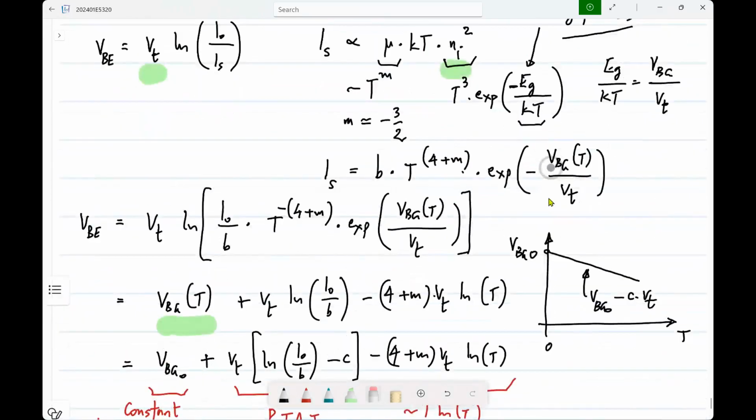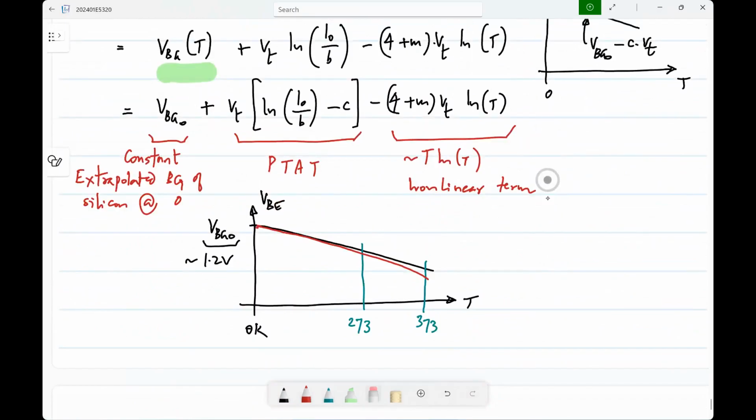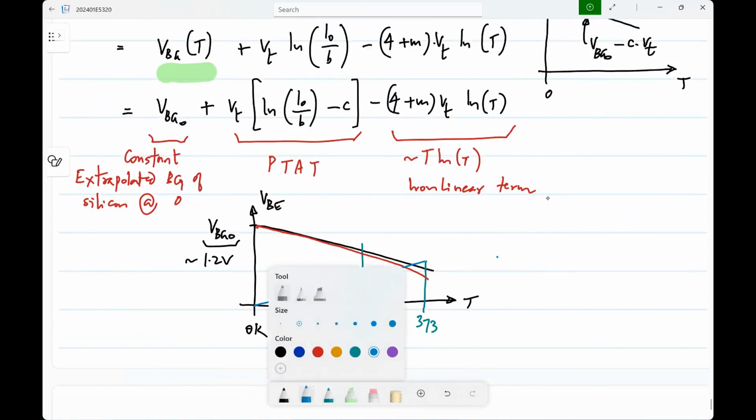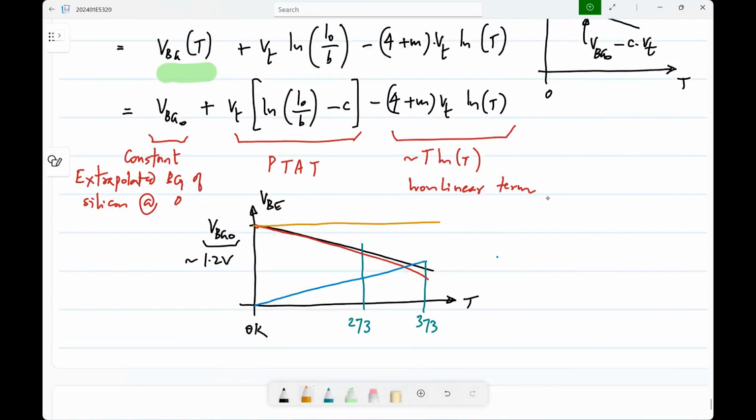So now, if you add only a proportional to absolute temperature term, what is the result? If the dependence was only linear, we would have got something like this, because two straight lines just sum to another straight line.